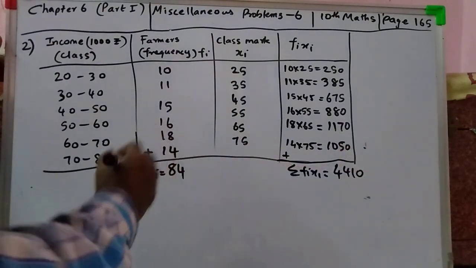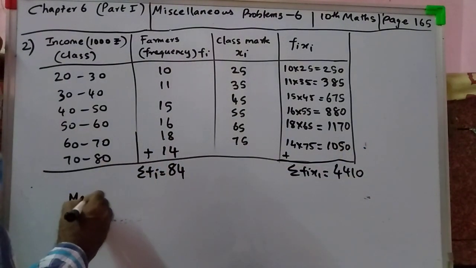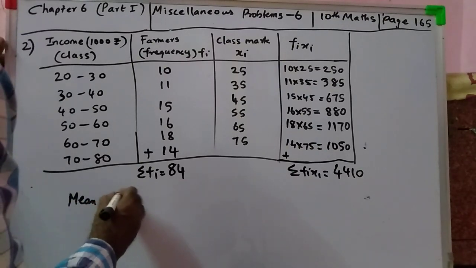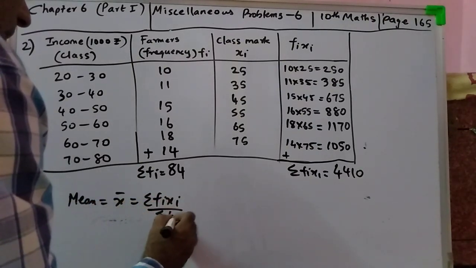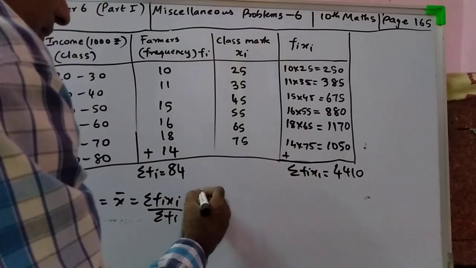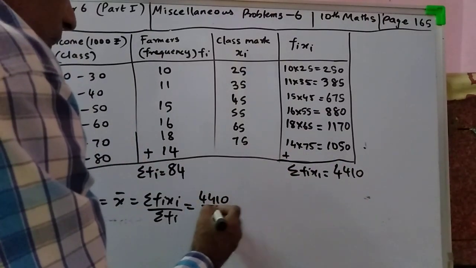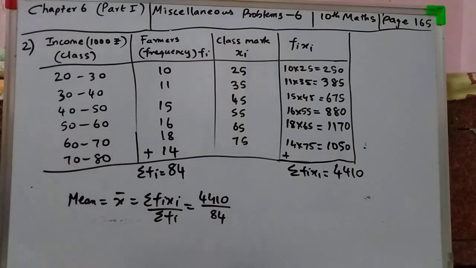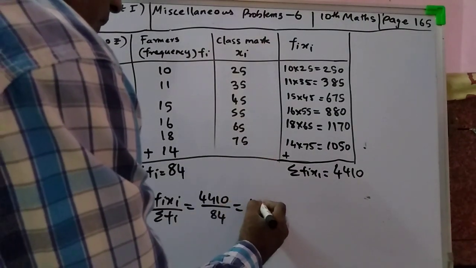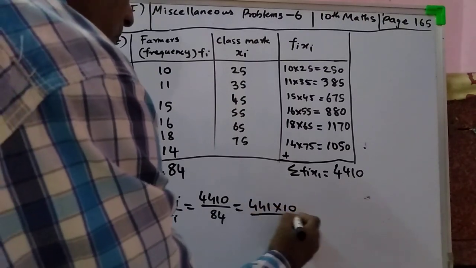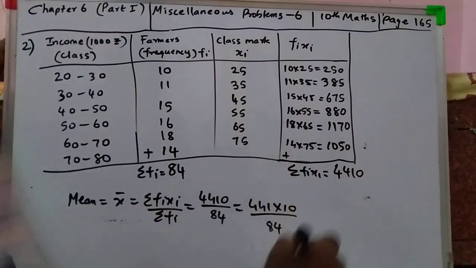Now use the formula: mean x bar is equal to summation of fi xi upon summation of fi. That is 4410 upon 84, so that will become 441 into 10 upon 84.